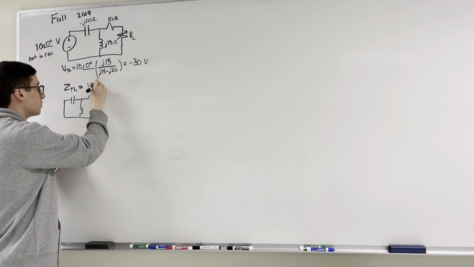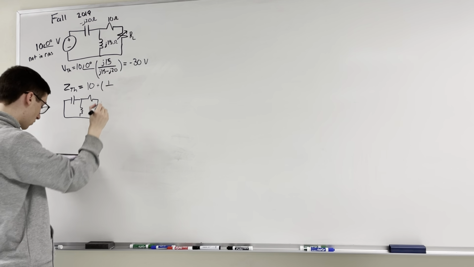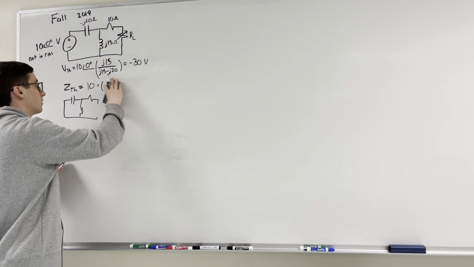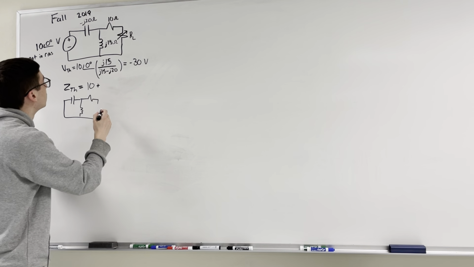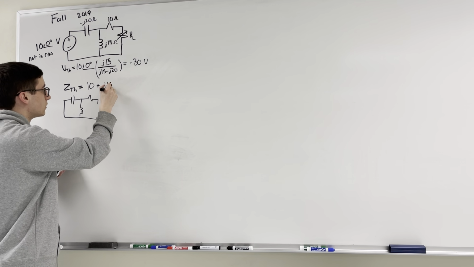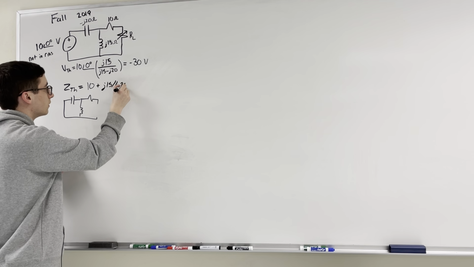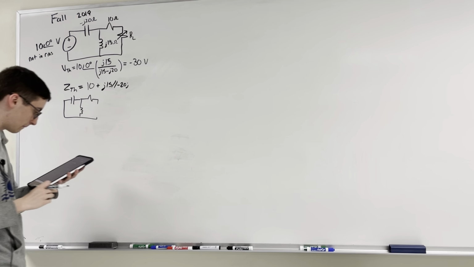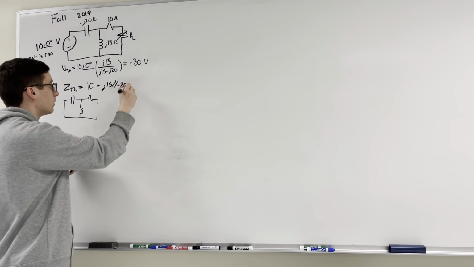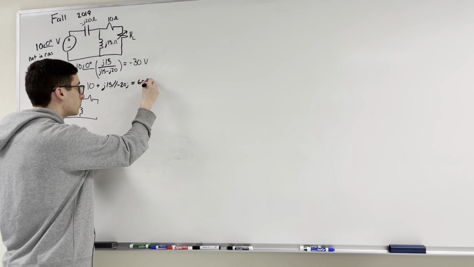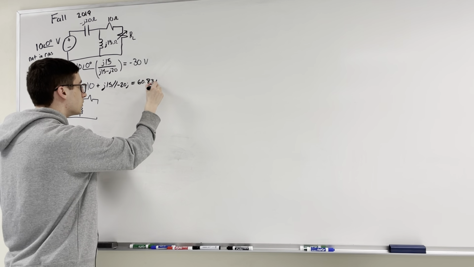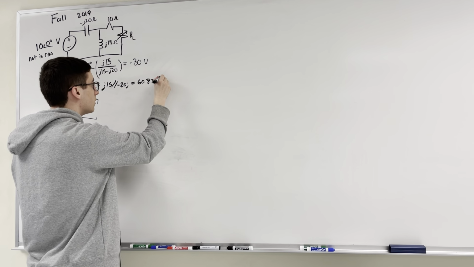So it's going to be equal to 10 plus J15 in parallel with negative 20J. And this will result in 60.83 with a phase angle of 80.53 degrees ohms.